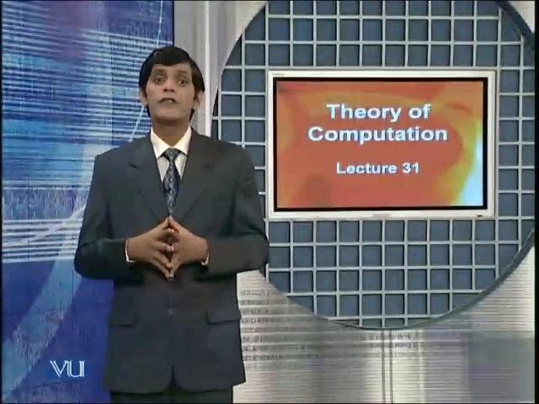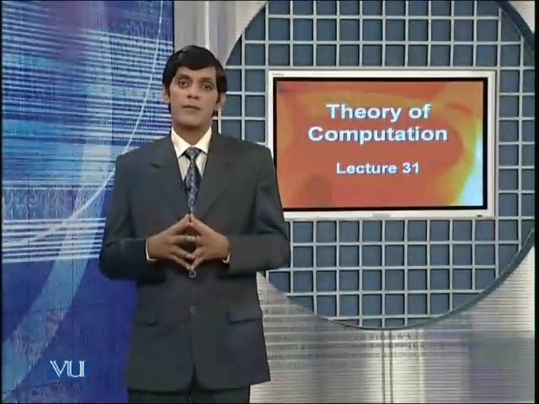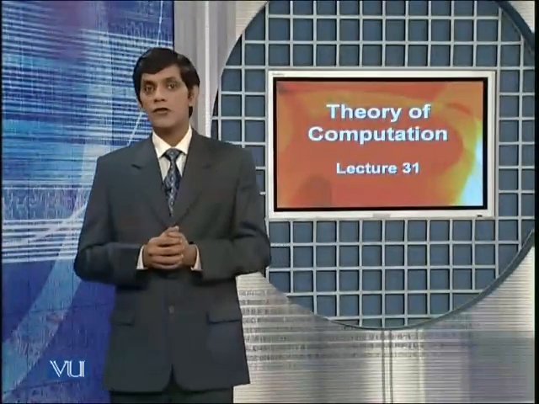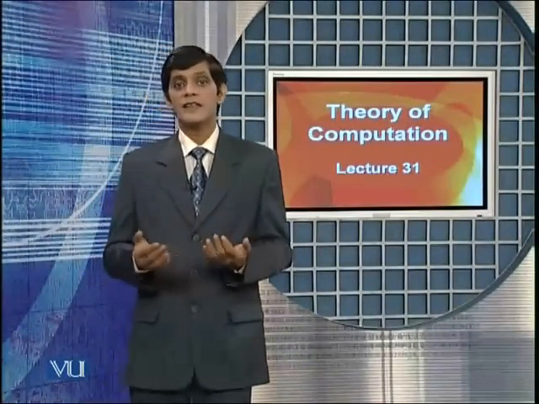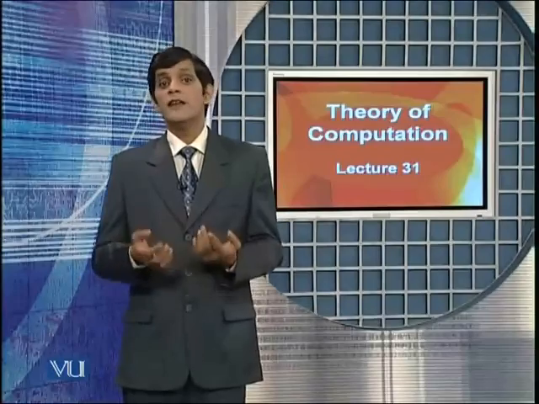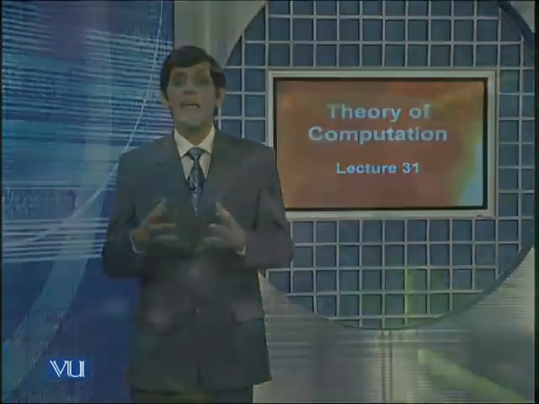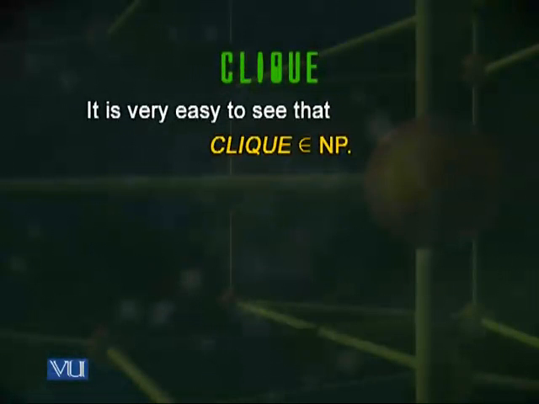What we want to do is show that this problem is NP-complete. Once again, we recall the definition of NP-completeness and realize that we have to show two things. The first thing we have to show is that this problem belongs to the class NP. How will we do that? Well, it is very easy to give a verification algorithm for the clique problem, and this was your homework last time.